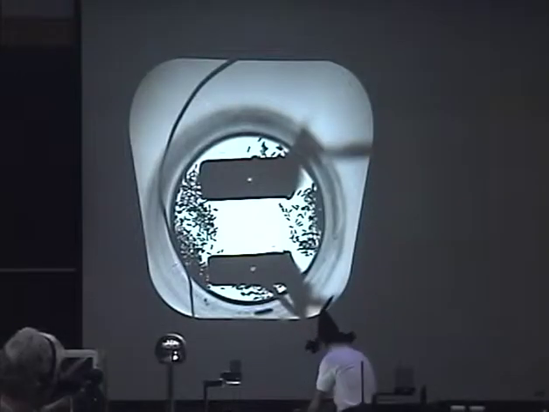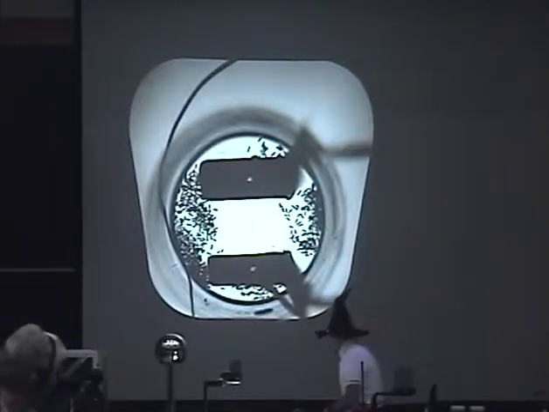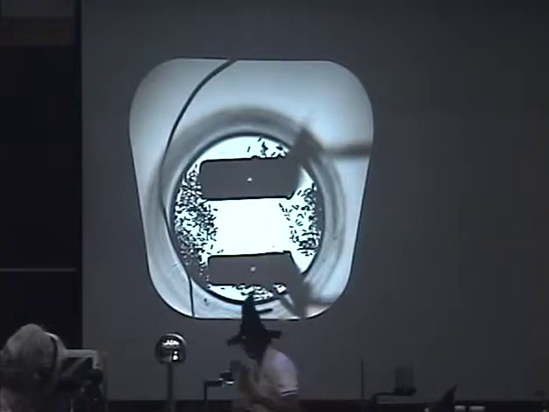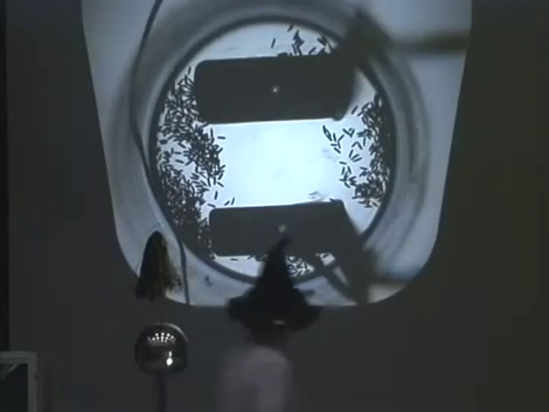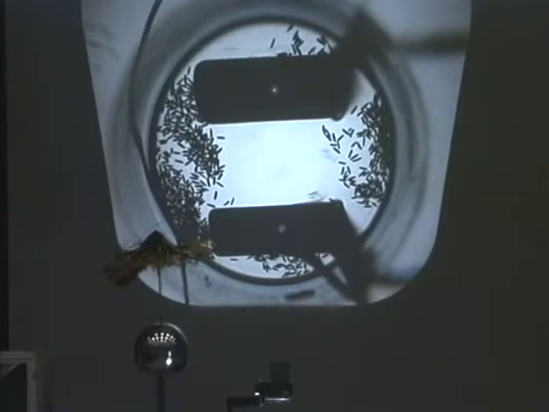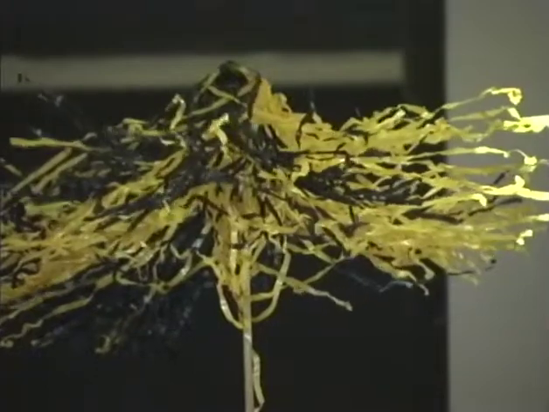Now, we need something to make an electric field, and we've got something pretty handy here. So we have this little Van de Graaff, and you'll see that, wow, that makes some pretty good electric fields.